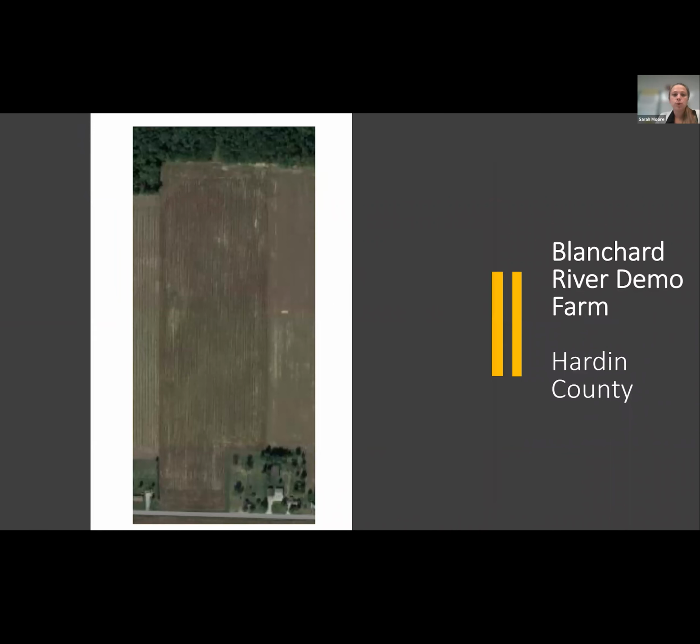So I'm going to run through a quick example of how we can put this into use. I'm going to use a farm over in Hardin County that is part of the Blanchard River Demo Farms, if any of you are familiar with that. This gentleman is part of the Blanchard River Demo Farms because he wants to help other farmers learn from what he is doing on his farm.